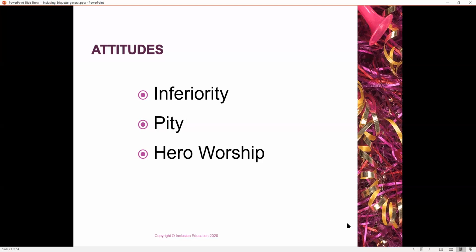Next one is pity. People who feel sorry for a person with a disability may not treat the person as an equal. So it's just something to be aware of. Hero worship. People think that a person with a disability is so wonderful and great when they do ordinary things like cook or clean or do something we always normally do, like walk down to the corner.